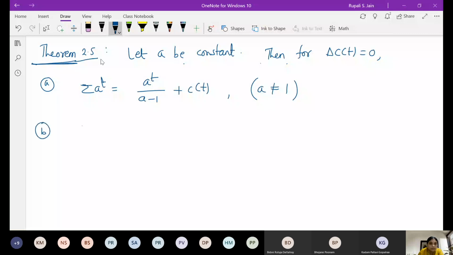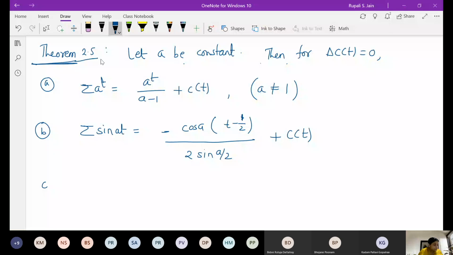B, summation sin a t is nothing but minus cos a t minus half upon 2 sin a by 2 plus C of t.